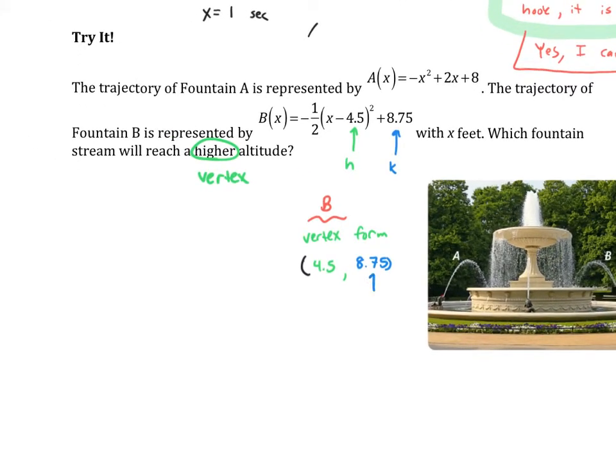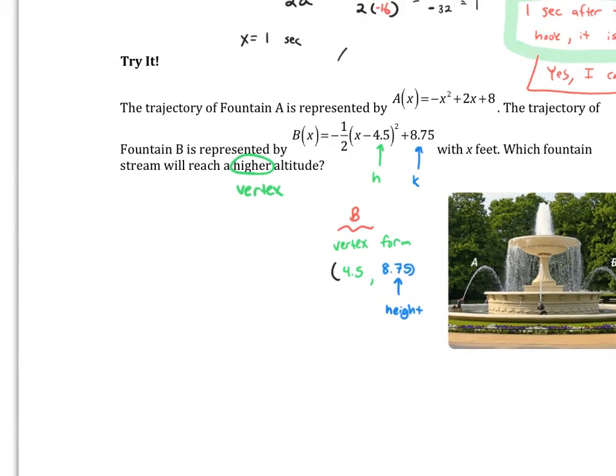So this right there is the highest it goes. That's the highest height, the max. Yep, so we'll call it that, the maximum.